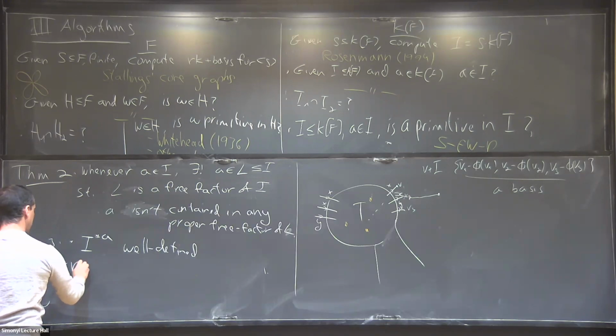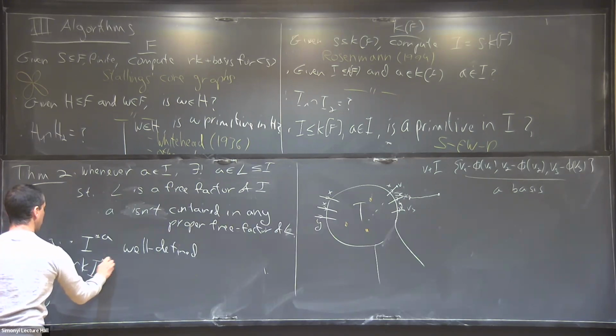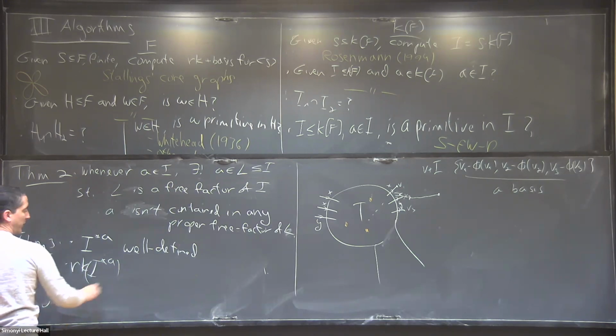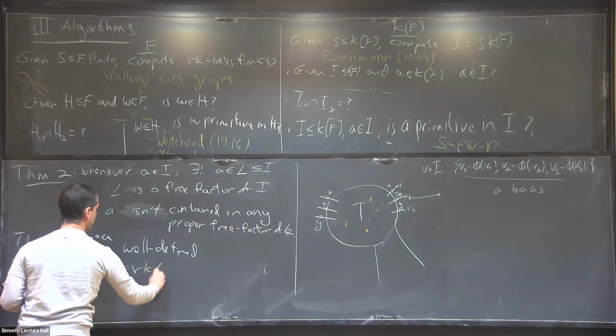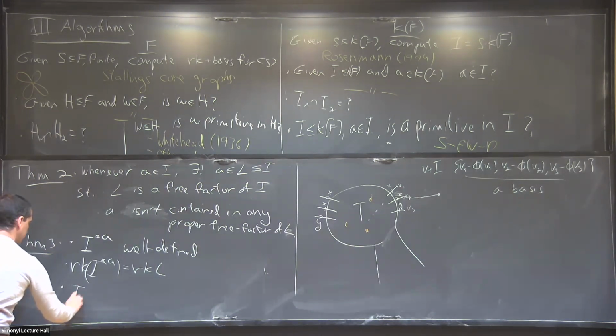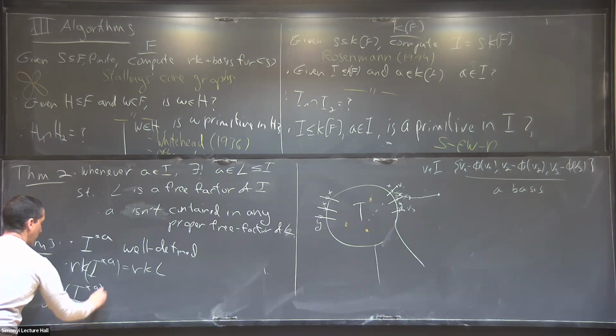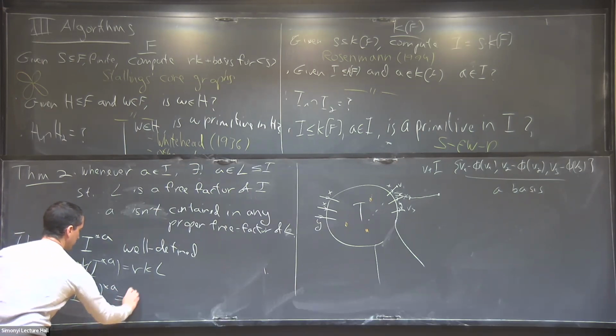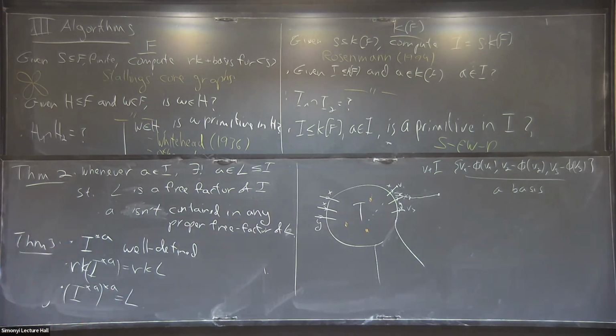And the rank of this dual, the size of the basis, is always the size of L. And if you take the double dual, you always recover L. Okay, so this is the more general statement.